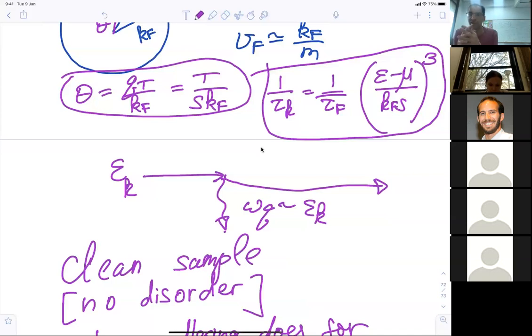Now, as you will see, just a simple electron phonon model will give rise to a number of regimes with different temperature behavior for different conservation laws, for different temperatures.